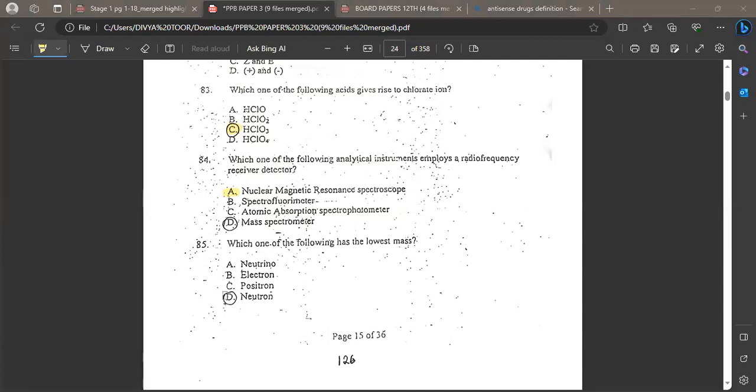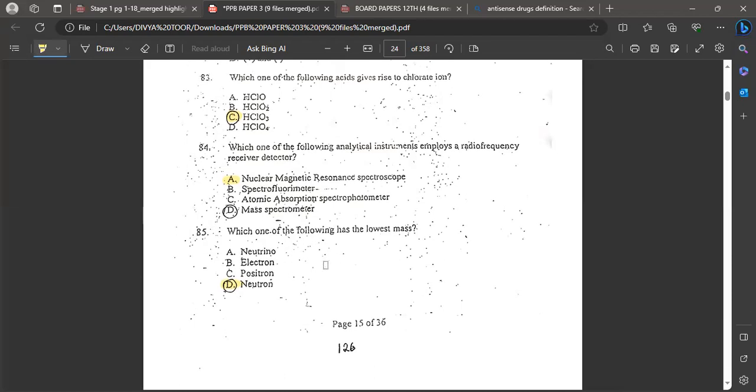Electrons and positrons weigh the same because a positron is just an electron with a positive charge, and a neutron has a much heavier weight. So the neutrino would be the answer. You said electrons and positron. I thought it was protons. Okay, fine, that makes sense.